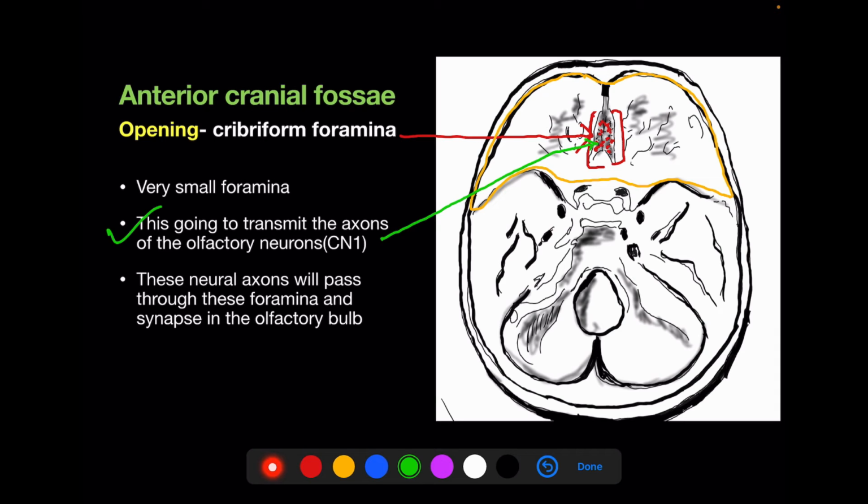And if you want to hear about its clinical importance, when it gets fractured accidentally, the cribriform plate will get damaged, and if this occurs, point number one, you will feel loss of smell.